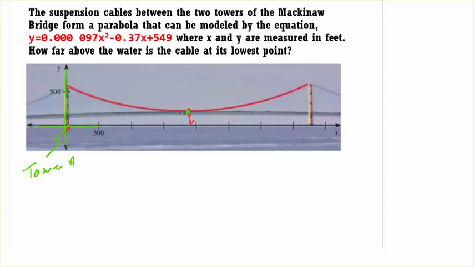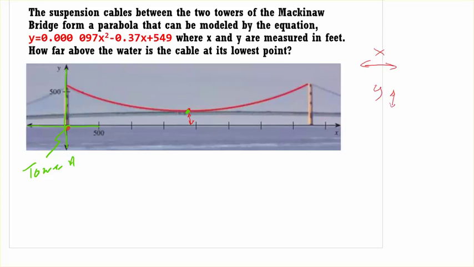We know that the x corresponds to the horizontal distance from the water line of tower A, and the y corresponds to the height of the cable.